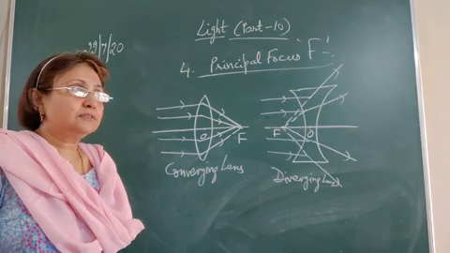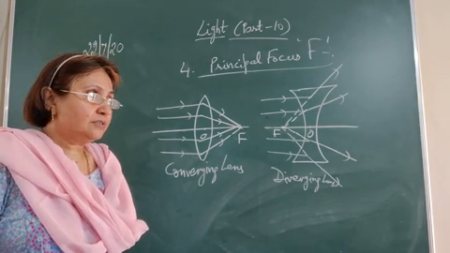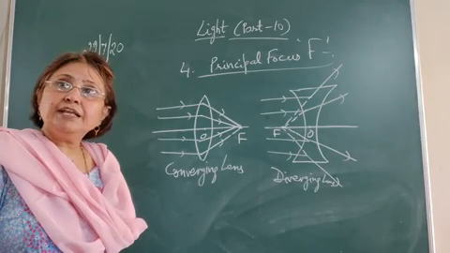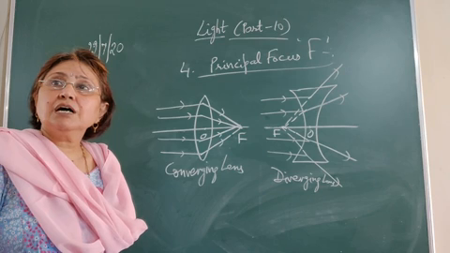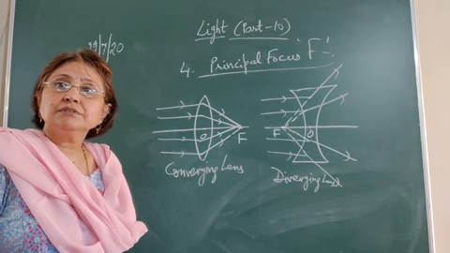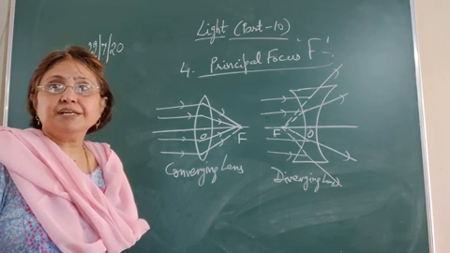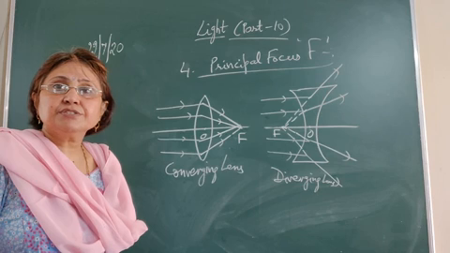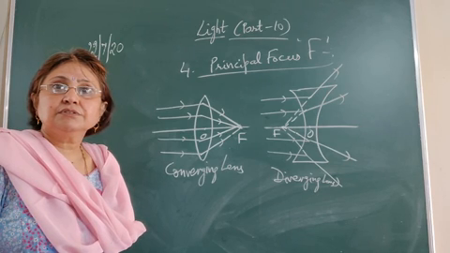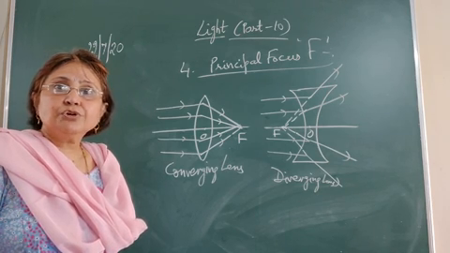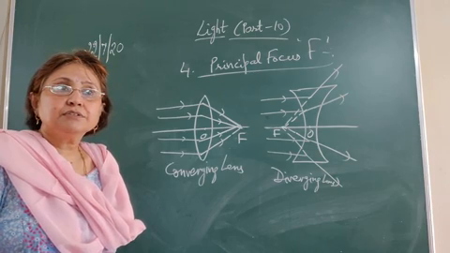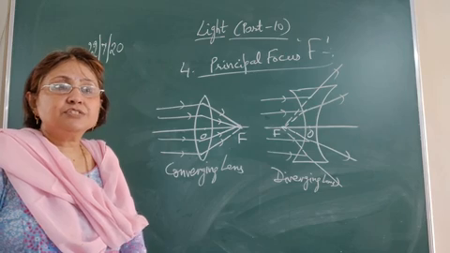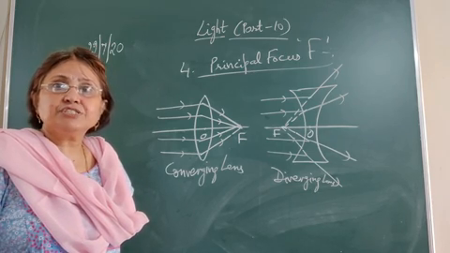Whereas a concave lens diverges the rays, so it is also called a diverging lens.